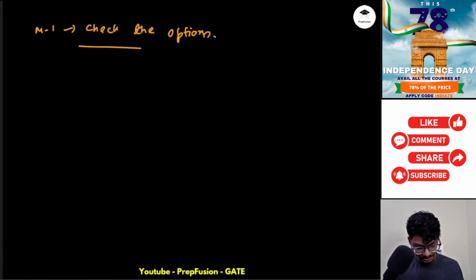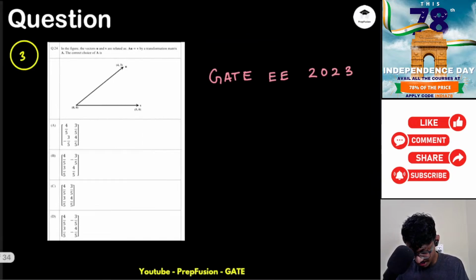So if you check the options, basically what is happening is I initially have the vector u. I multiply A with this, and this shifts it by theta in the clockwise direction.